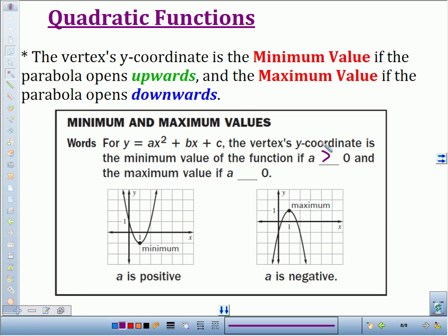And the maximum value if it opens downwards, which means a is less than 0. So in our 2 picture examples here, a is positive. Here it's bigger than 0, and I have a minimum. A is negative here, and I have a maximum.